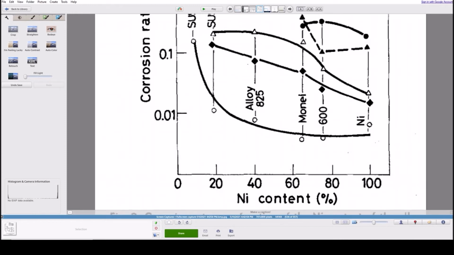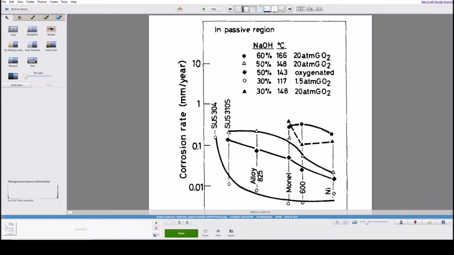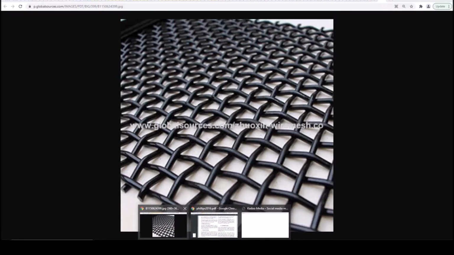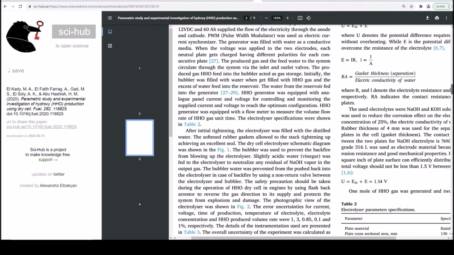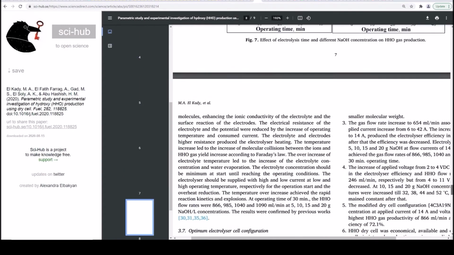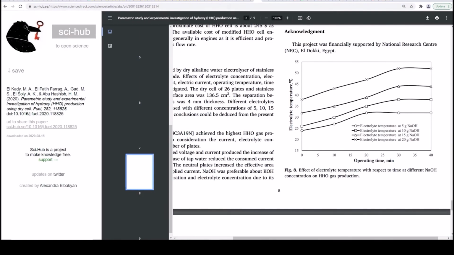And again, those are at conditions that are harsher than what we would like to use, because if I go back to that paper on that dry cell, you find that they're only using 5%, and their peak temperature is just a little over 50.